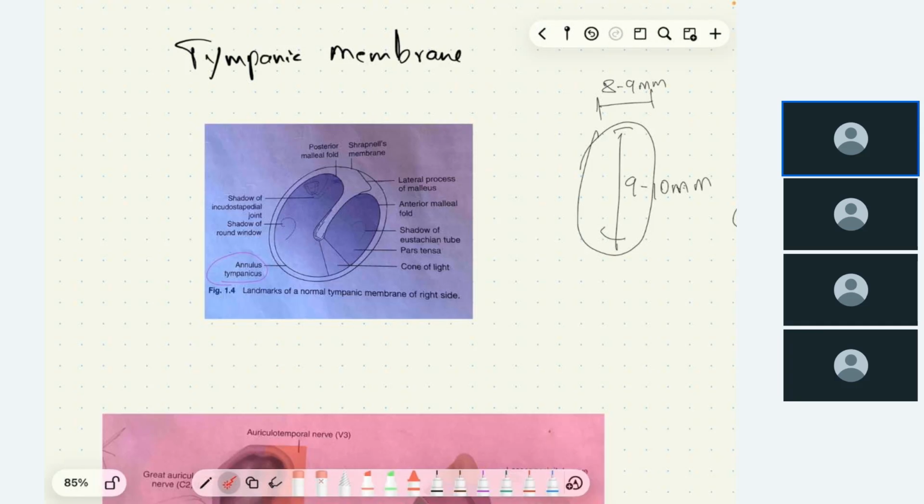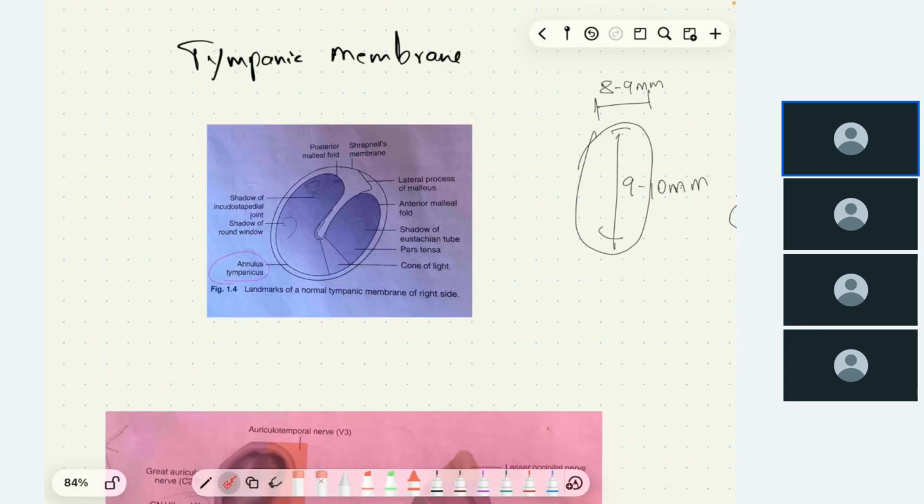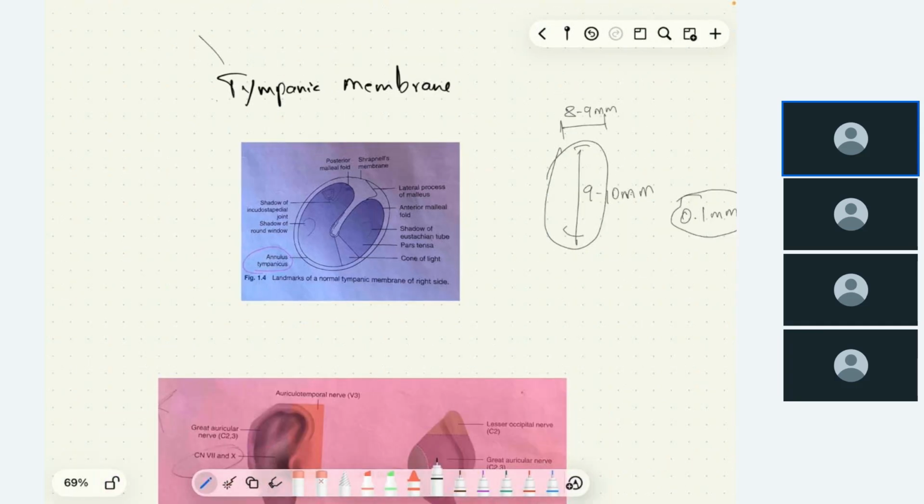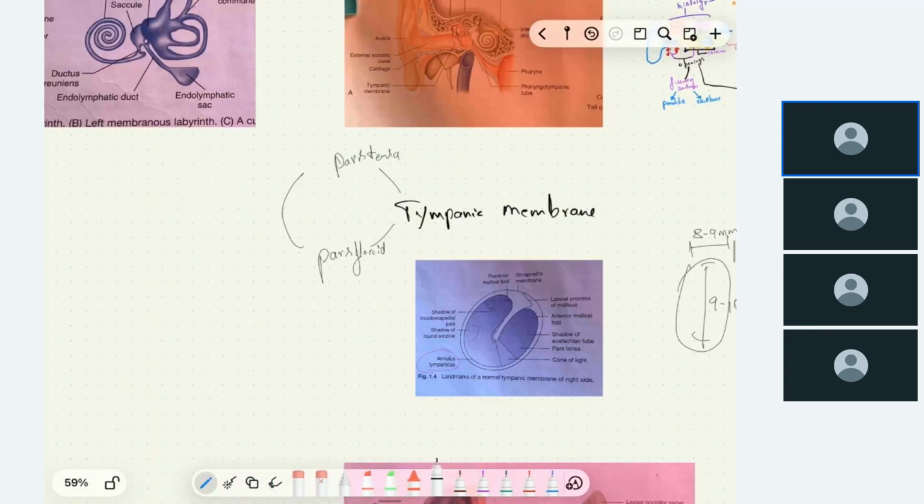Then we have layers of tympanic membrane. What we discussed now: pars tensa and pars flaccida, the parts of it and the boundaries of it. What are the layers of tympanic membrane? Characteristically, from outside inwards, there are three layers.